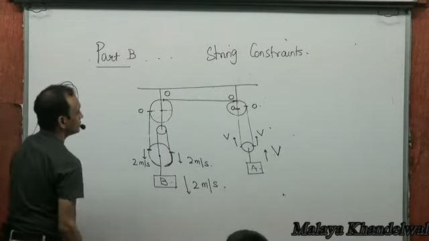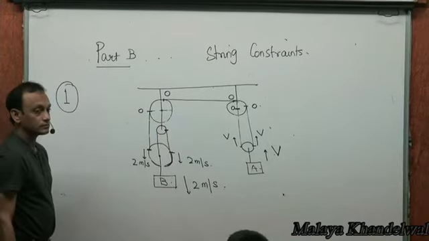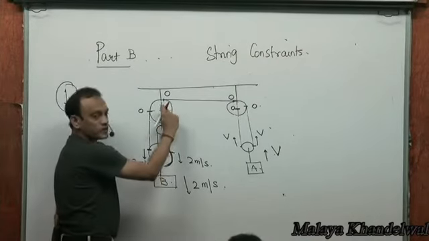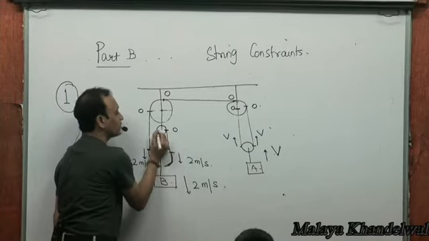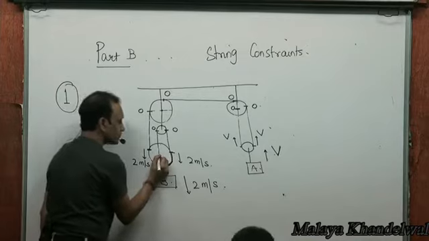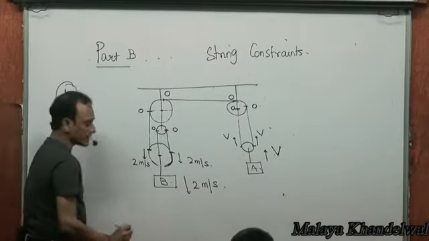Now, what about this end? Because this pulley is fixed with this. So this is a fixed pulley, so 0. What about this? 0. What about this? 2 meters per second.